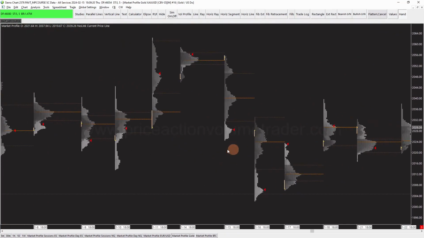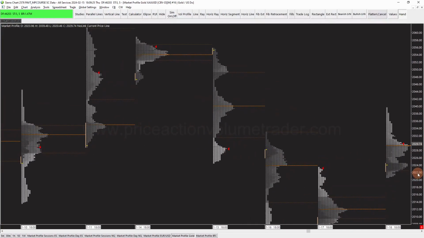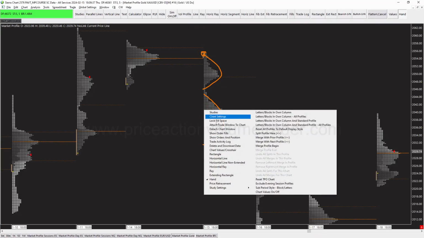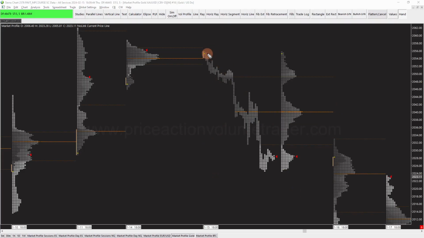If we just flip back, you can see, for example, we do have days where we actually have a triple distribution. So you can see this was a triple distribution day. As you can see, we opened at the top and then we just trended down for the day, and at each price area we just accumulated some time and volumes.